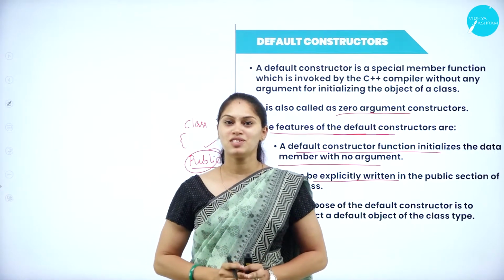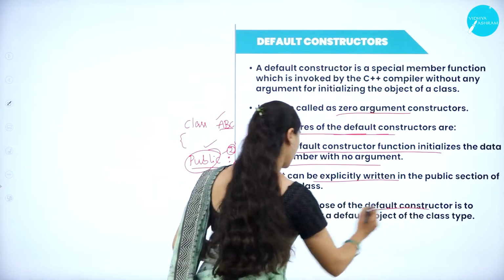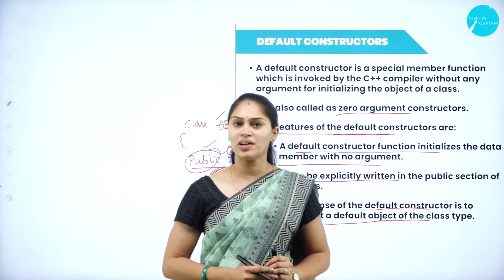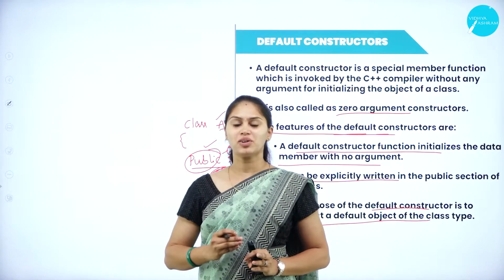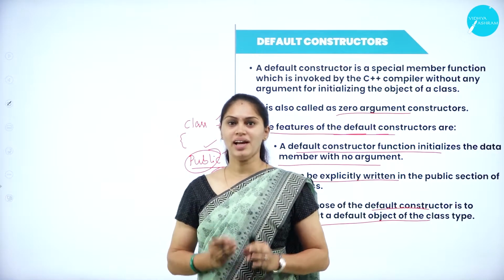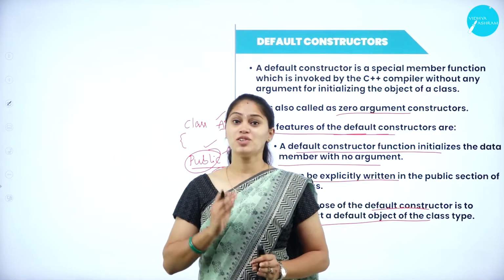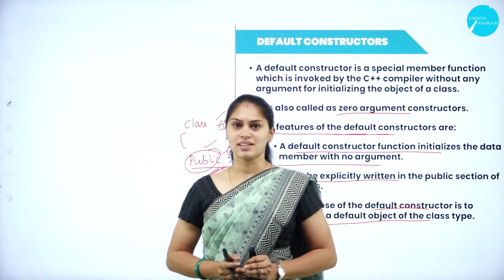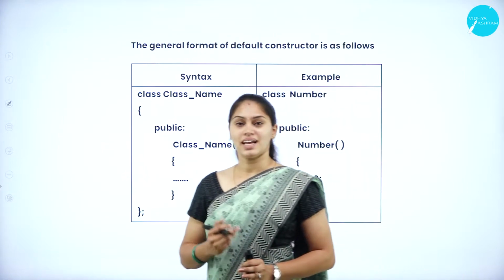So I am going to create any number of objects for a particular class, and all the objects will be assigned the same set of values. That is nothing but a default constructor. We'll see the syntax along with an example, then you will get to know.